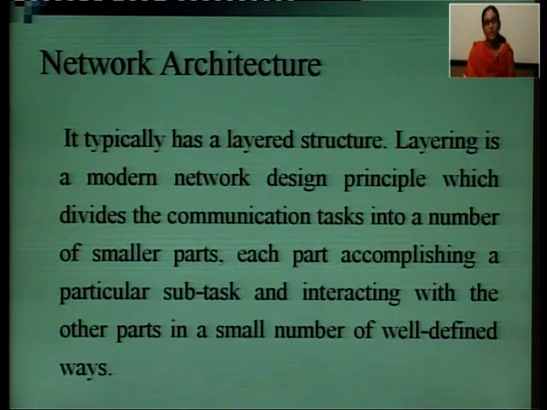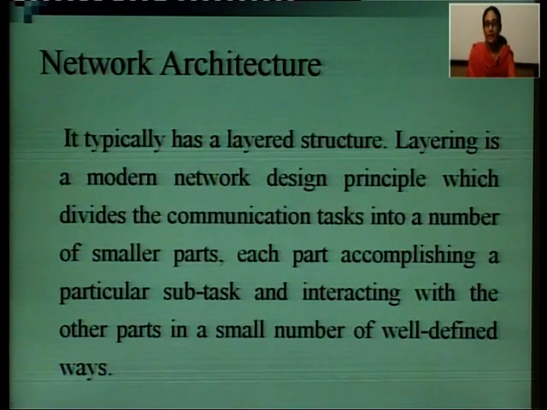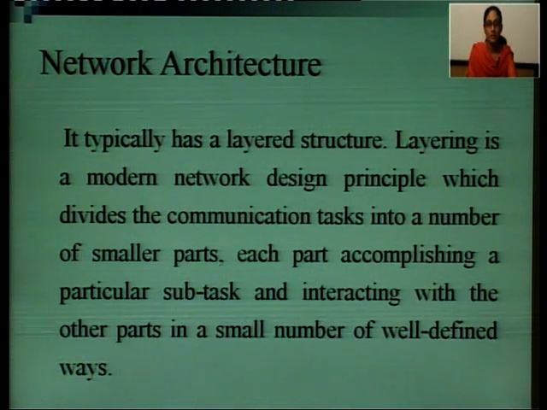It is basically a layered structure. As we know, a computer network is basically a layering architecture. Layering is the modern network design principle which divides the communication task into a number of smaller parts, each part accomplishing a particular subtask and interacting with the other parts in a small number of well defined ways.